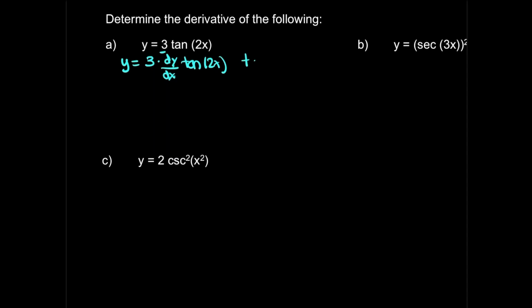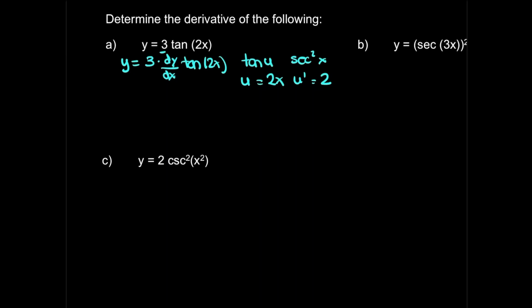So if we were to divide this out, saying tan of u, the derivative of tan u becomes secant squared. My u is equal to 2x. That's the value that's in the brackets. And my derivative of that is just equal to 2.